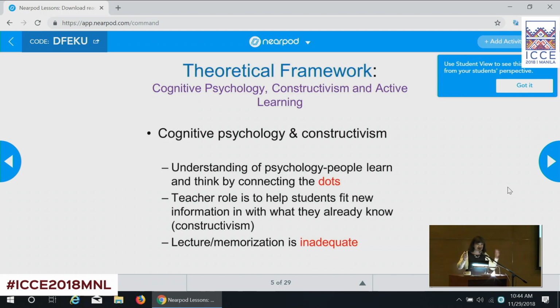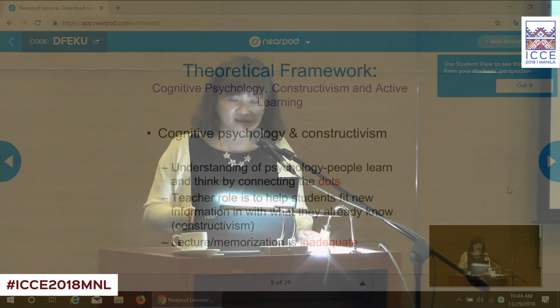The more connections made between the new information and the previous knowledge, the better the learner can make use of new information and apply it as useful knowledge, not just memorize facts.